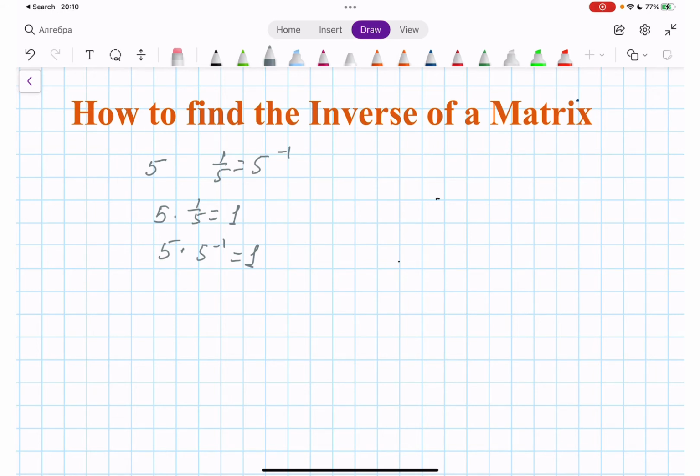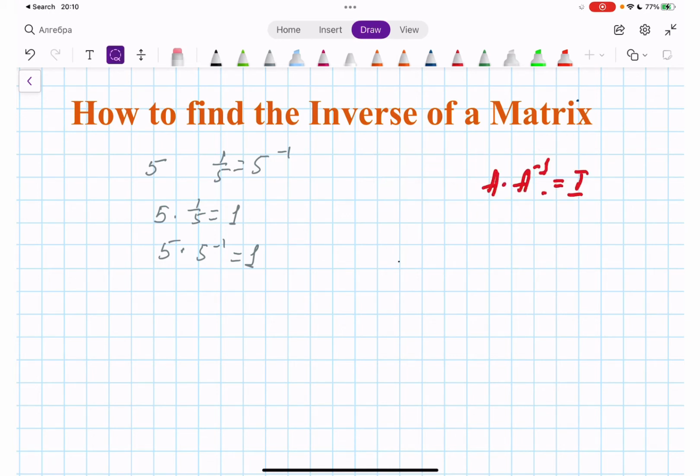If I multiply matrix A by its inverse, it's going to be equal to the identity matrix. This is an important thing, so I highlight it with a red color and we move it here.